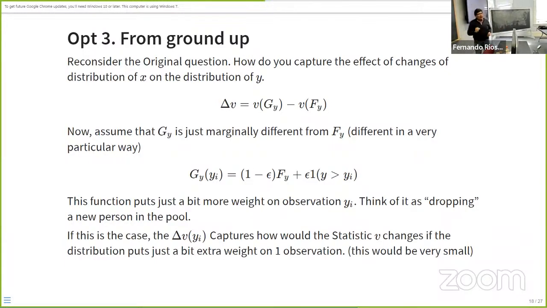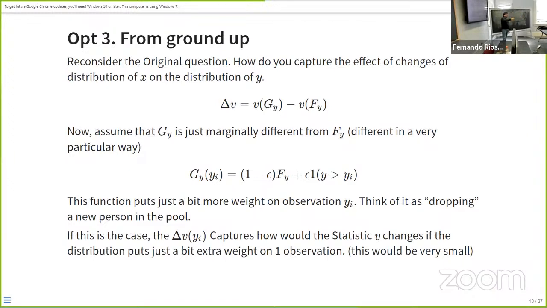But now let's make a specific assumption on how exactly this G of Y is going to change. Let's assume that G of Y is just a contamination of F of Y. What do I mean by a contamination? First, consider this formula where this epsilon is 0. If it's exactly 0, then G of Y is going to be exactly the same as F of Y. But now let's introduce a little bit of contamination, in the sense of, let's say to this population, I introduce a new person into the sample.